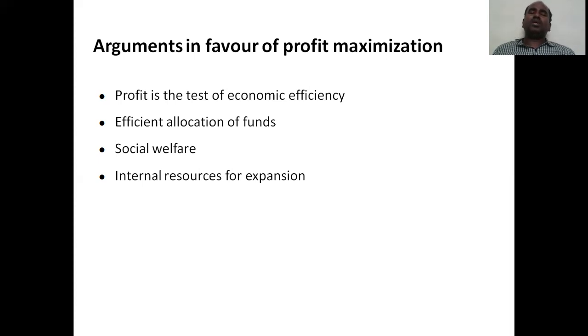The next important argument in favor of profit maximization is efficient allocation of funds. If the company has sufficient funds, it can meet the requirements relevant to the allocation of funds.